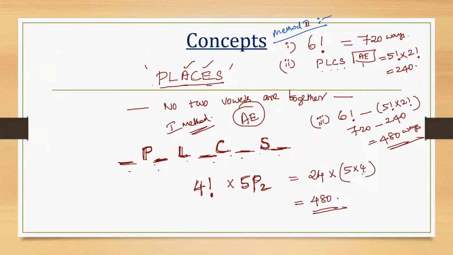So 5P2 is 20. 24 times 20, you will get 480. Is it clear? Any doubts?